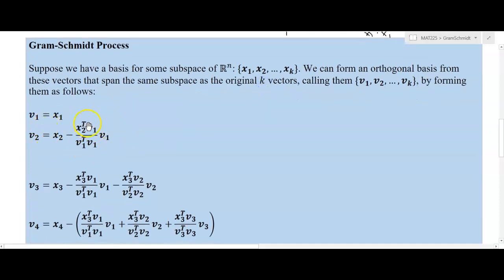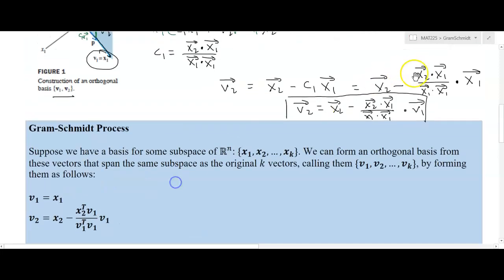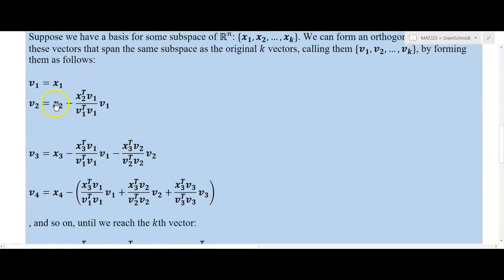I'm using the transpose operator, and here I used x1, but we called that v1. So I should replace all the x1s with v1s, just so it looks like the formula. So v1, v1, v1 there. x2 doesn't get changed yet because this is the way we're going to convert it into the vector that is perpendicular. So v1 is just going to get assigned x1.